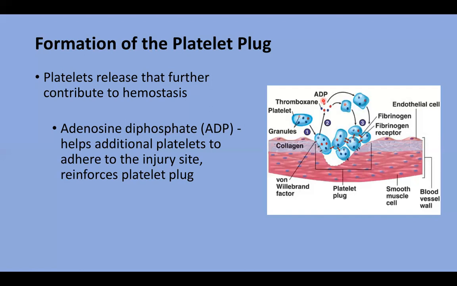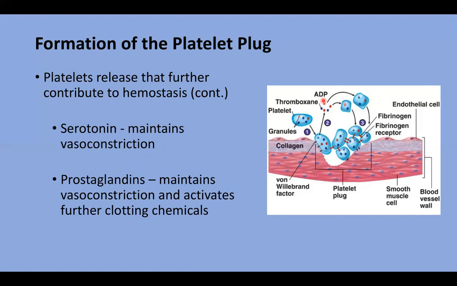It's adenosine diphosphate, but it's not acting as an energy molecule, but it's going to help adhere additional platelets to the injury site. And it also is going to reinforce the platelet plug. And as I said, this is going to be a positive feedback mechanism where that signal is going to increase until finally homeostasis is brought about, and then the signal will stop.